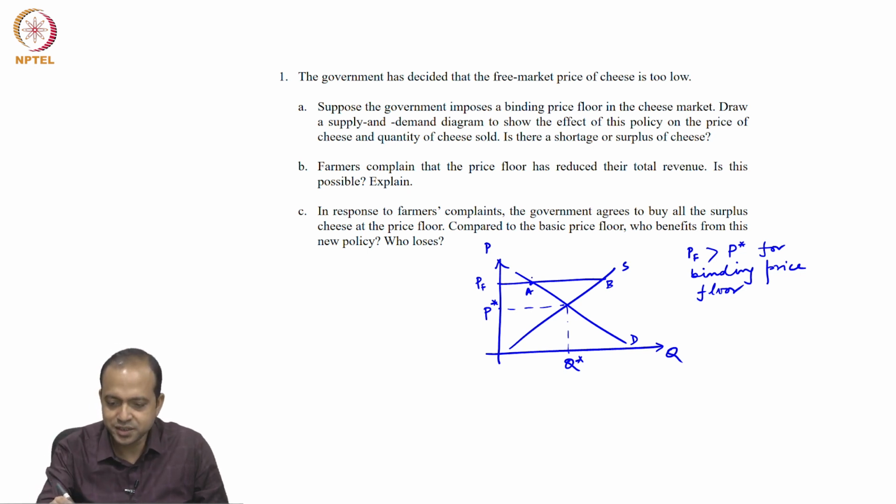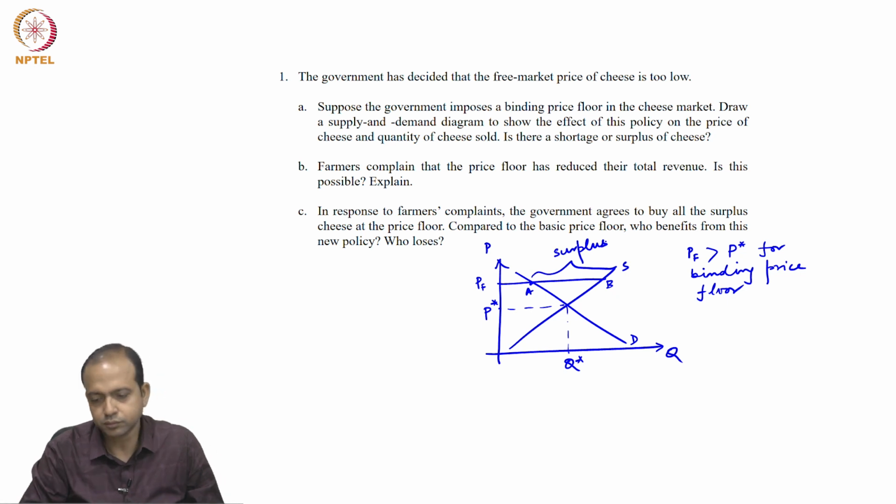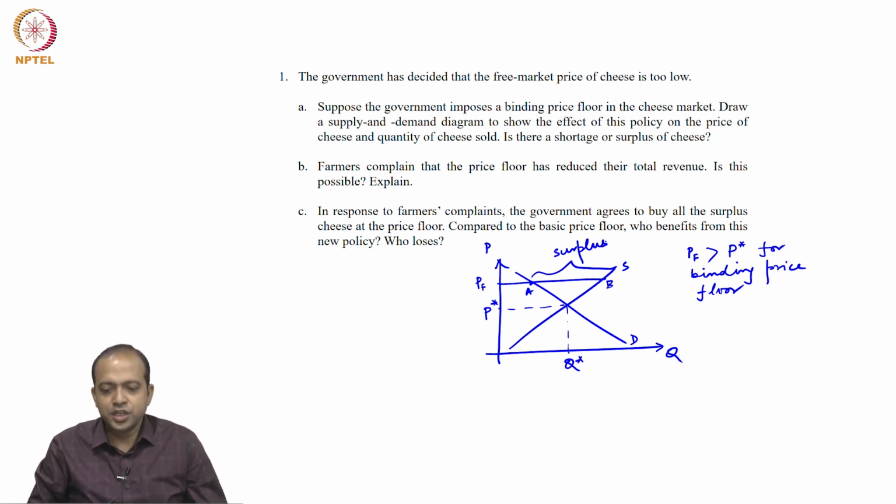So, it creates a surplus in the market. So, this is the surplus actually. So, a binding price floor is actually creating a surplus of cheese in the cheese market.